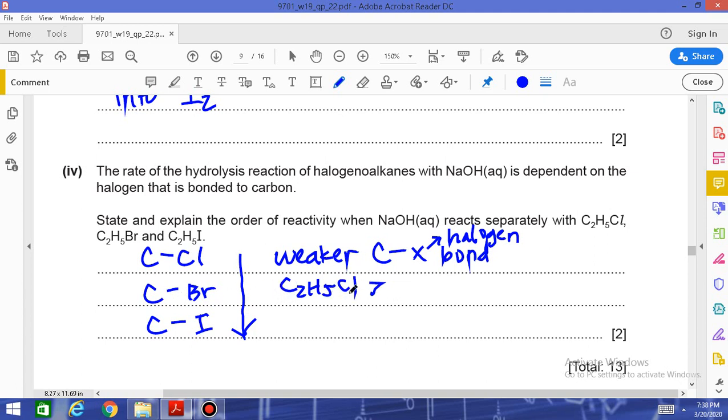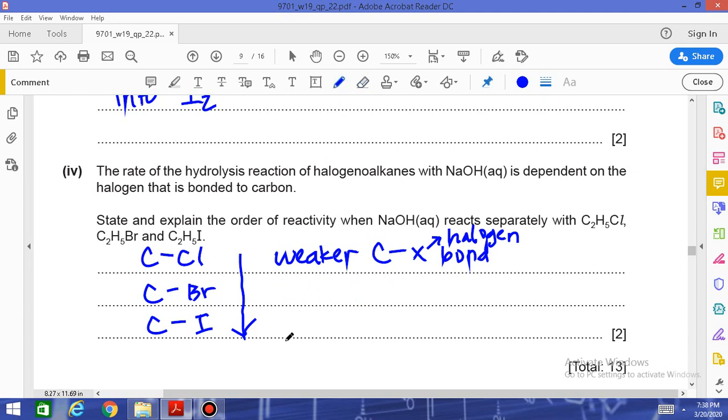Once again, as we go down the group, the bond between carbon and halogen becomes weaker. So less energy is required to break the bond, so the reactivity increases, or we can say faster reaction.